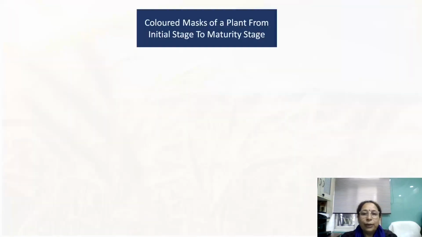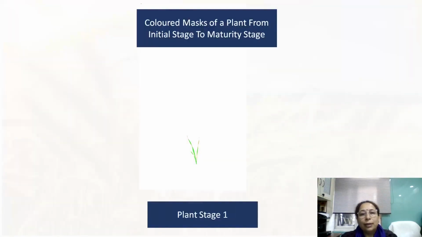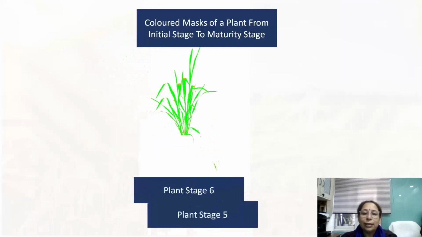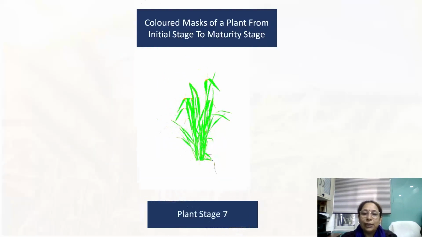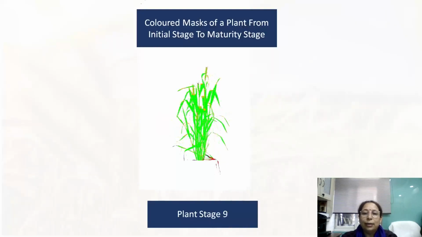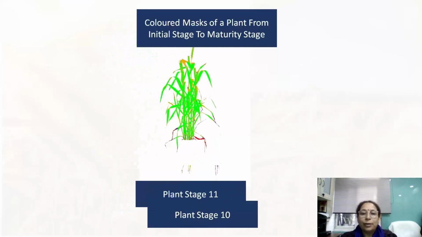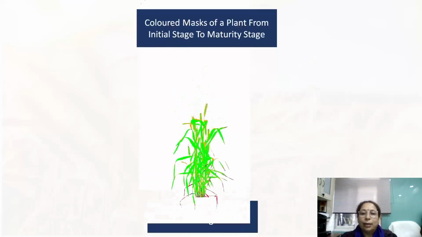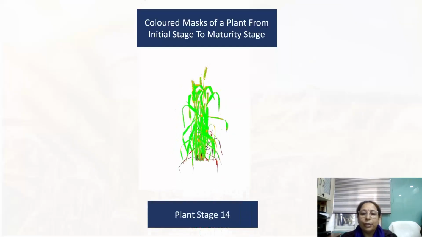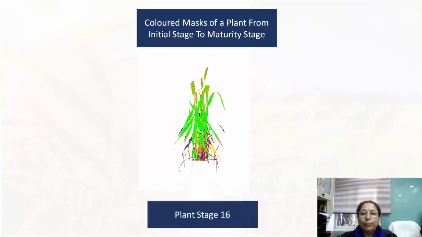And then you can see, with the help of this software, we can see this colored mask of the plant from the initial stage to the maturity stage. There are 18 stages which were considered. You can see how the senescence appears in the plant at different stages. Initially it is all green, and then at certain stages the senescence starts appearing, which we can easily relate to when the plant was exposed to a certain kind of stress, drought stress or heat stress, and at what time the senescence started appearing in the normal plant and in a stressed plant.